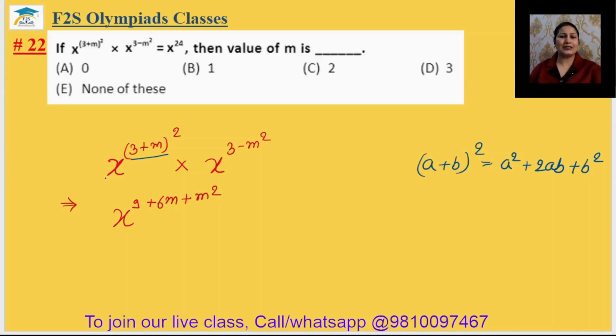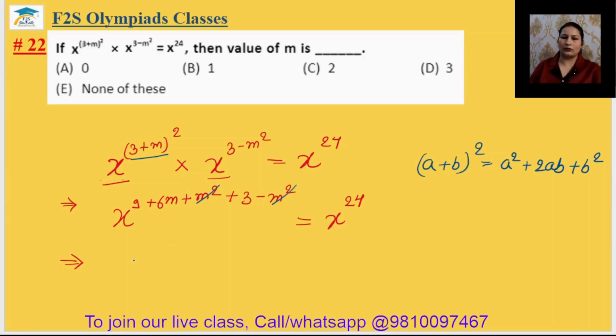Okay. Now bases are same, so we can add the powers. x is the base, so plus 3 minus m square. Here it is equal to x to the power 24. This implies 9 plus 3, 12, plus 6m, plus m square minus m square.